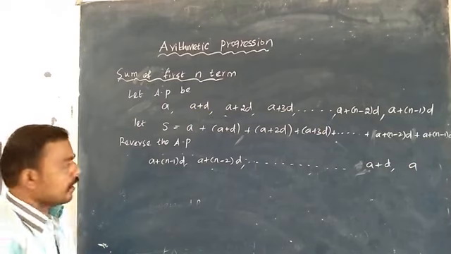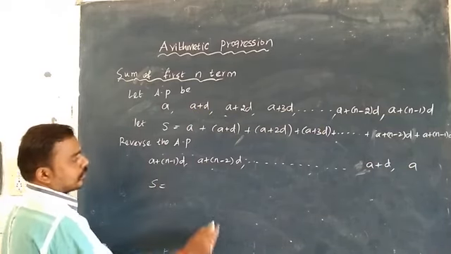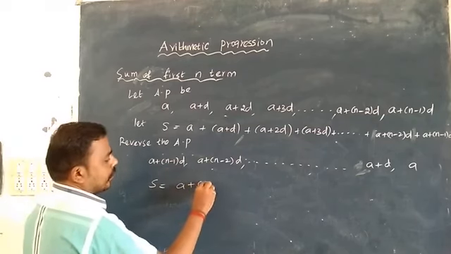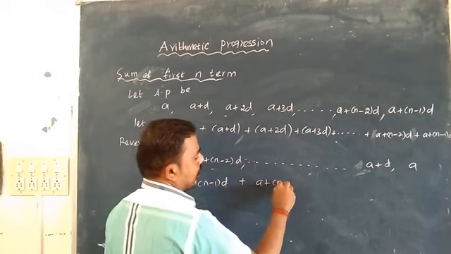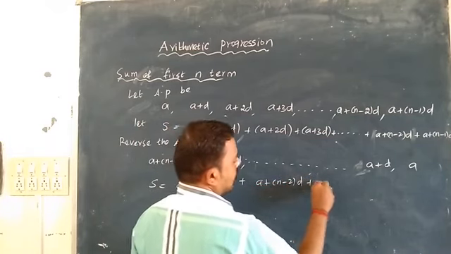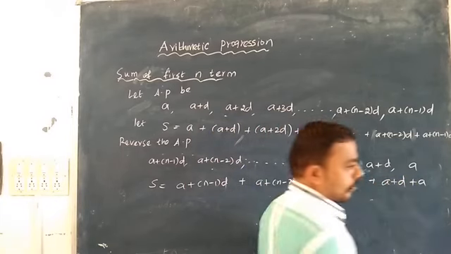Reversed, this sum S equal to a plus n minus 1 into d plus a plus n minus 2 into d plus and so on plus a plus d plus a.